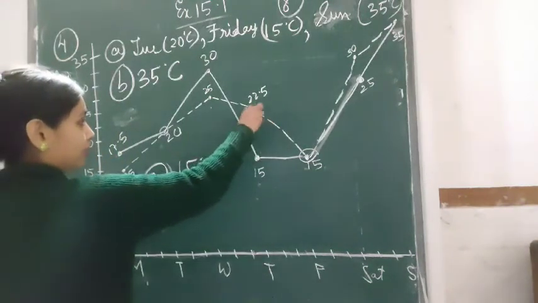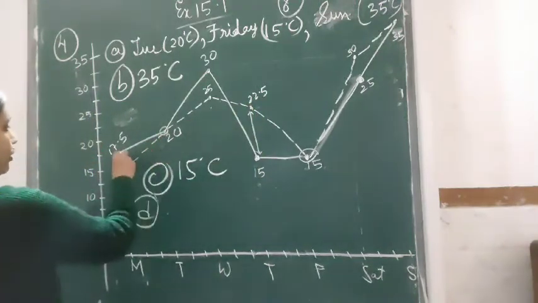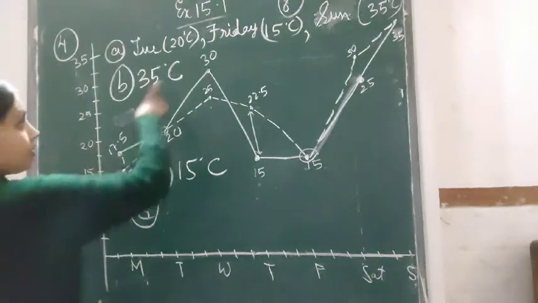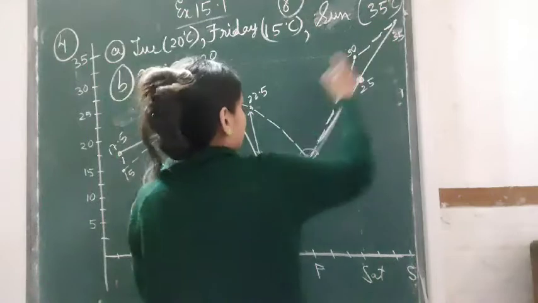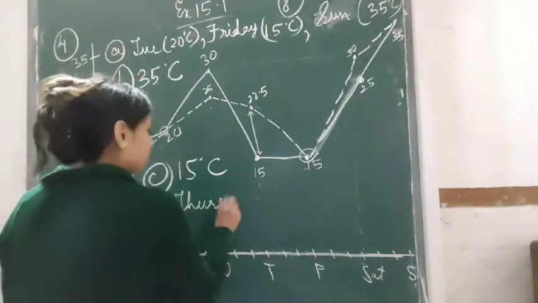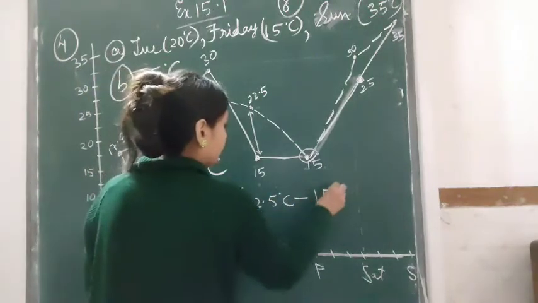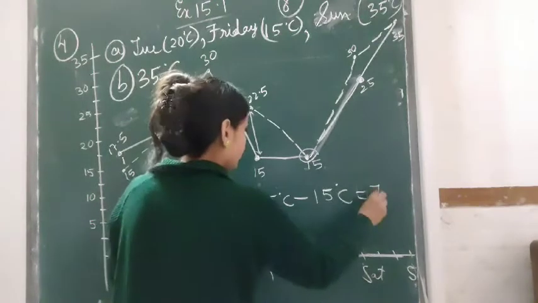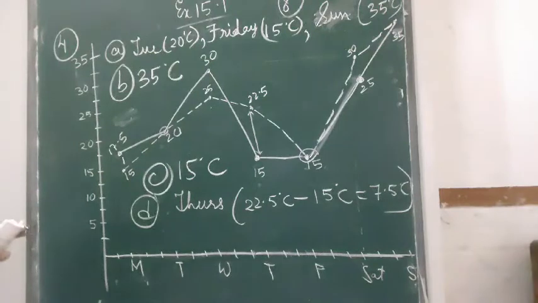Here the variation is 0. Here the variation is only 2. The difference is 5. Difference is 15. Difference is 5 again. Difference is 0. So it's on Thursday. So we can write Thursday, 22.5 degrees Celsius minus 15 degrees Celsius gives us 7.5 degrees Celsius. Okay children, so I think this completes your fourth one.